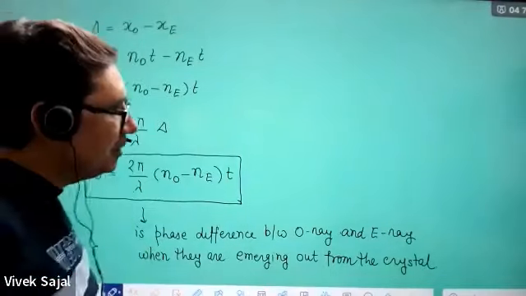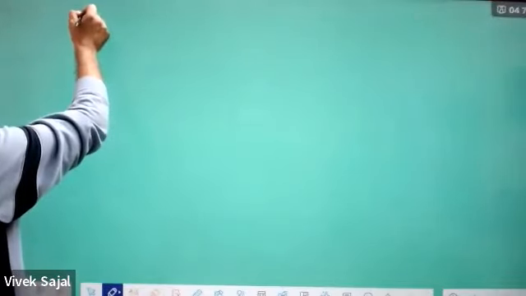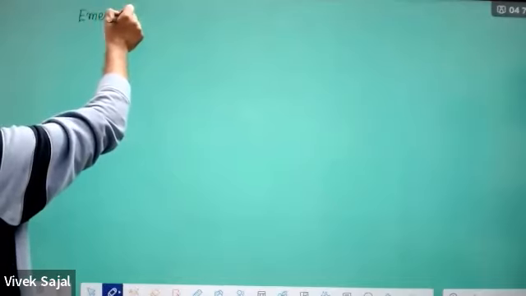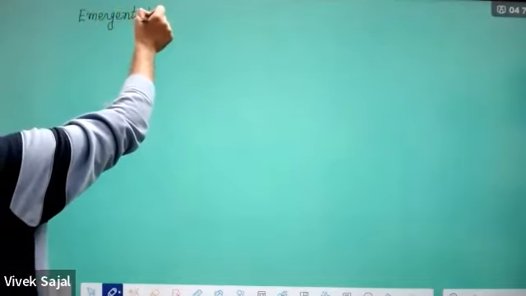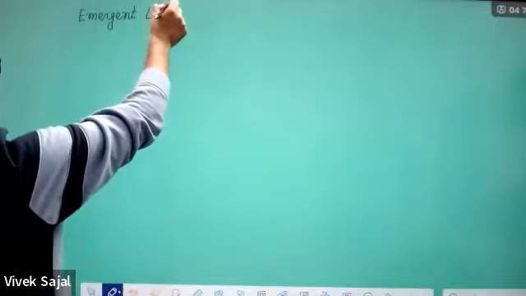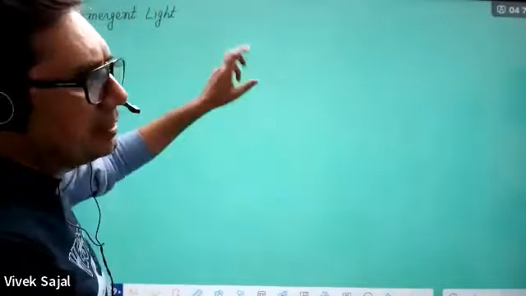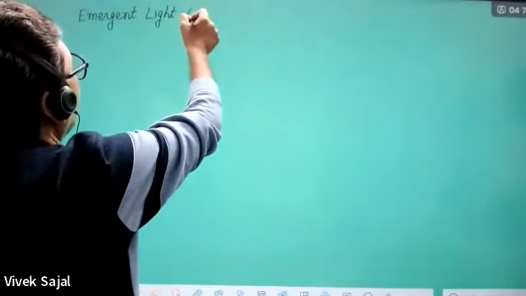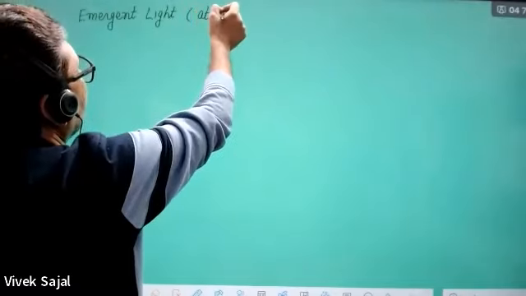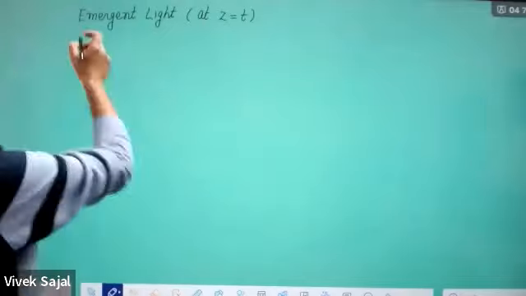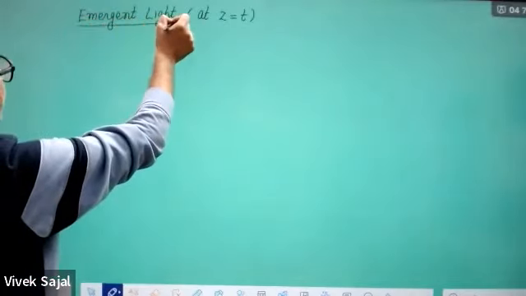So now on the emerging side, what will be the emergent light from the crystal? Emergent light, yeah, transmitted light. Okay, na? You can also write it as emergent light or the transmitted light. ठीक है, कहाँ पे emerge कर रहा है? Where it is emerging at Z equal to T. So how much it will be?